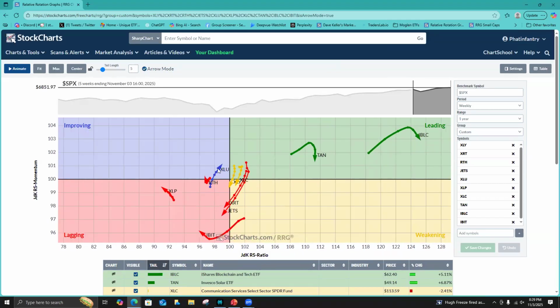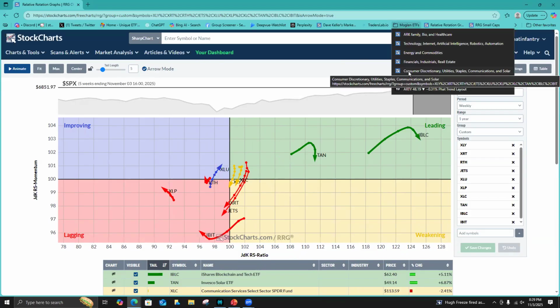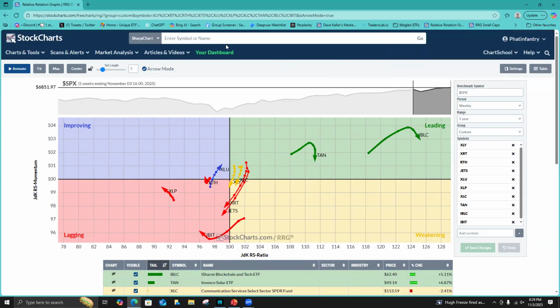So XLU, yeah, we saw that already. XLU at a potential support level, and XLU is sitting on the 50-day. So definitely you get that again. I say this often, but you get that potential defensive play if we see a rotation, but you also get that infrastructure play. So looking good there. Everybody else is pointed away. And that's how this relative rotation graph works. You can just get that quick snapshot. You can just see each one of those is in the wrong spot. All right, that's all of them.